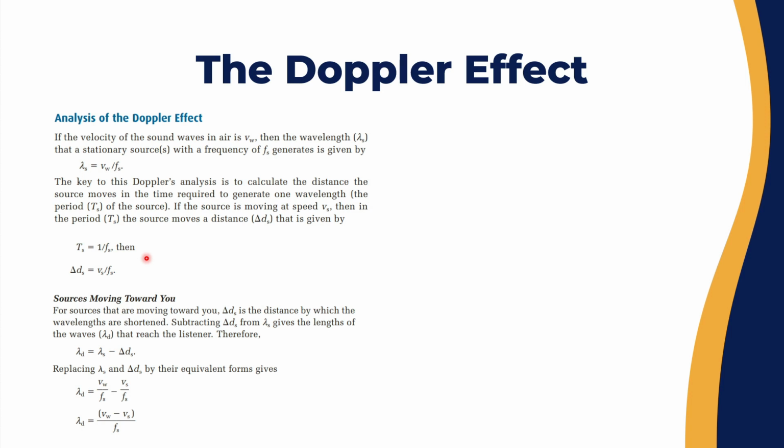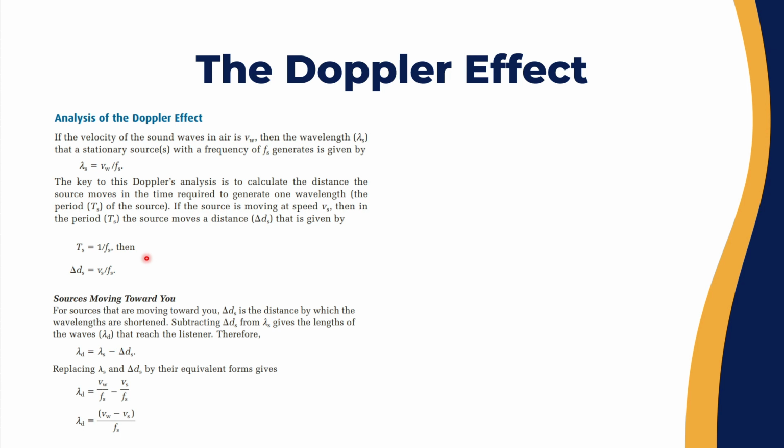The period Ts of the source is used in this case. If the source is moving at a speed Vs, then in the period Ts, the source moves a distance delta ds. That would be represented as Ts equals 1 over Fs, and delta ds would equal Vs over Fs.